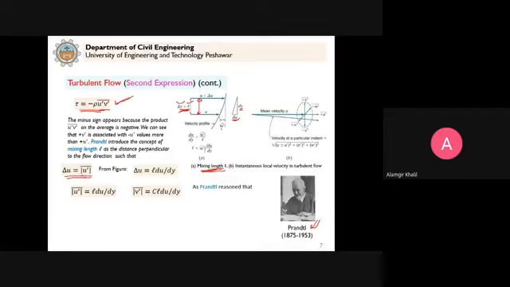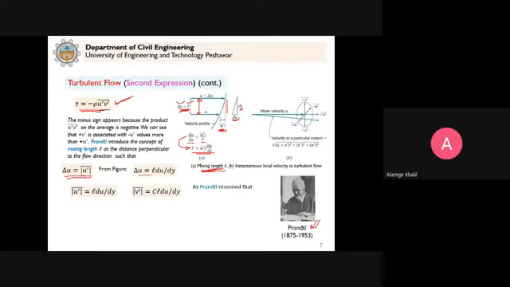So now we have this u dash bar divided by this distance, which is L, also equal to du divided by dy. So now from here, similar triangles, we get L is equal to u dash bar divided by du by dy, and it is written in absolute value because it has a plus minus sign that we already discussed.